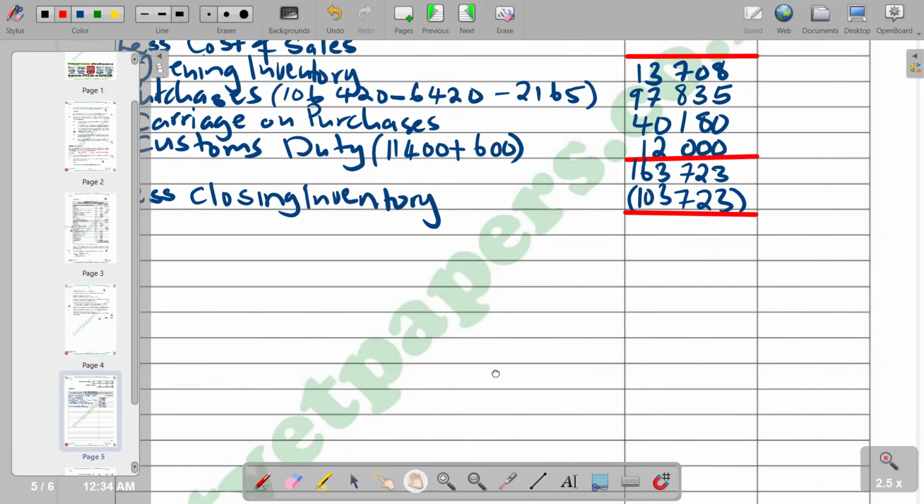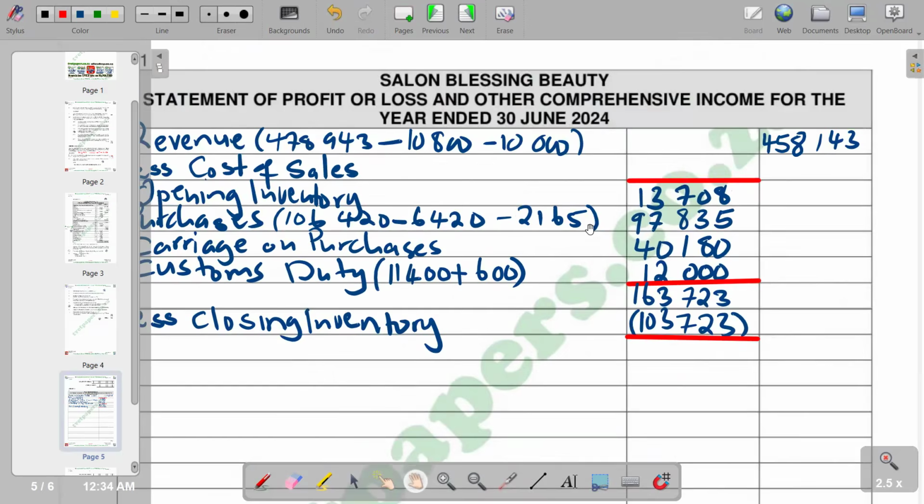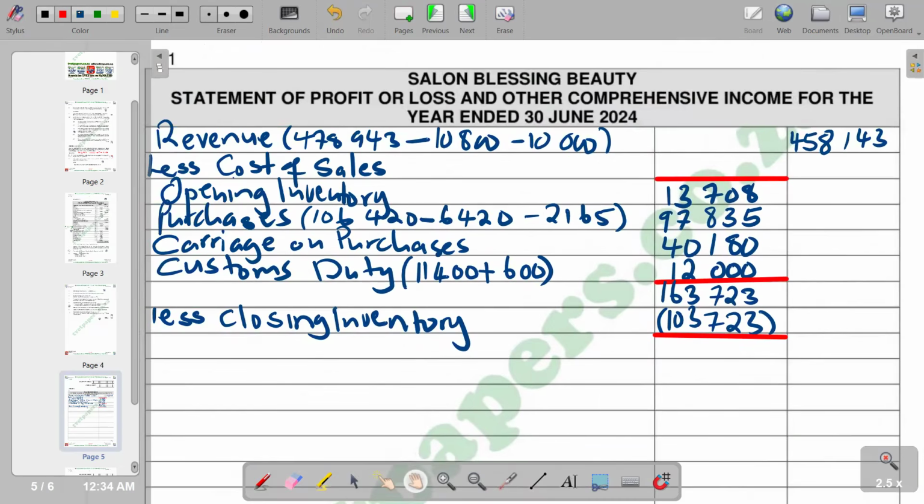And then the answer that we are supposed to get is our figure for cost of sales, which is supposed to be 60,000. So 60,000 should come in the last column. And remember, we are saying less. And whenever I say less, we're subtracting.